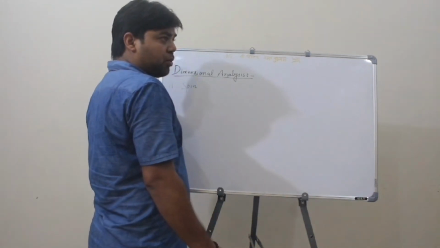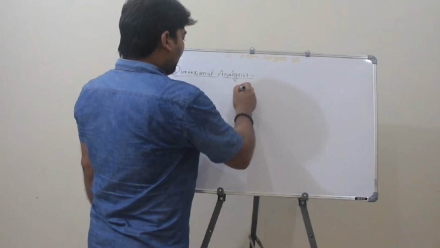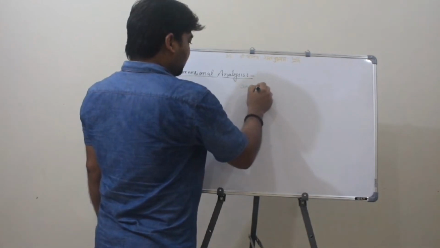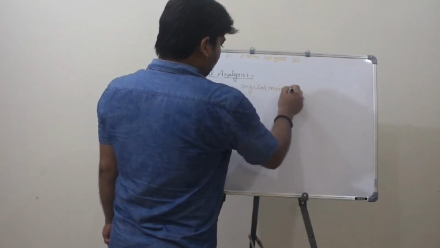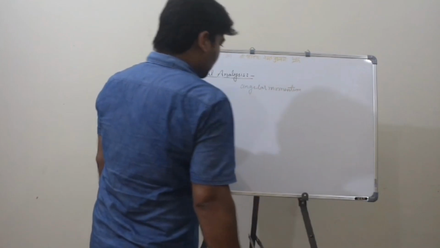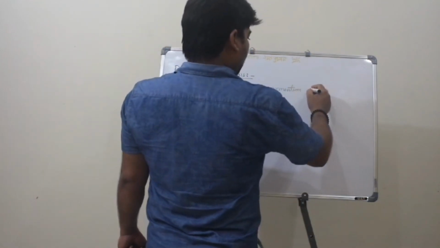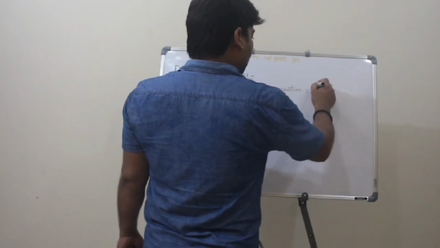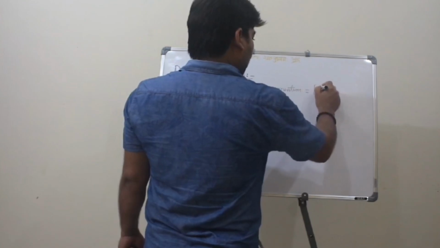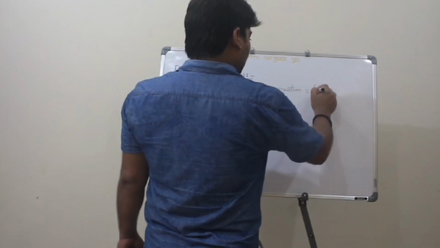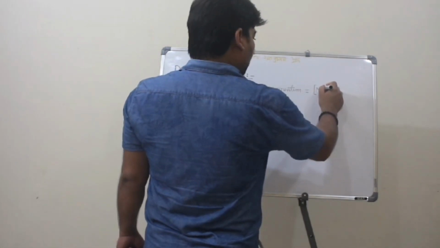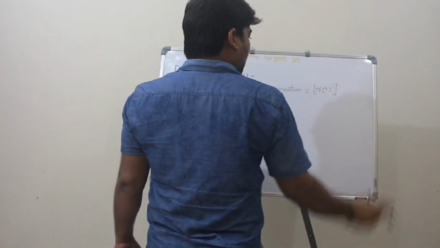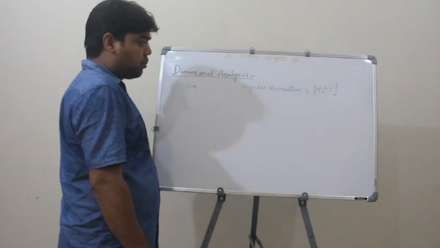So momentum is p equals mv, and so angular momentum has a dimension of kg meter square per second, M L square T to the power minus 1.